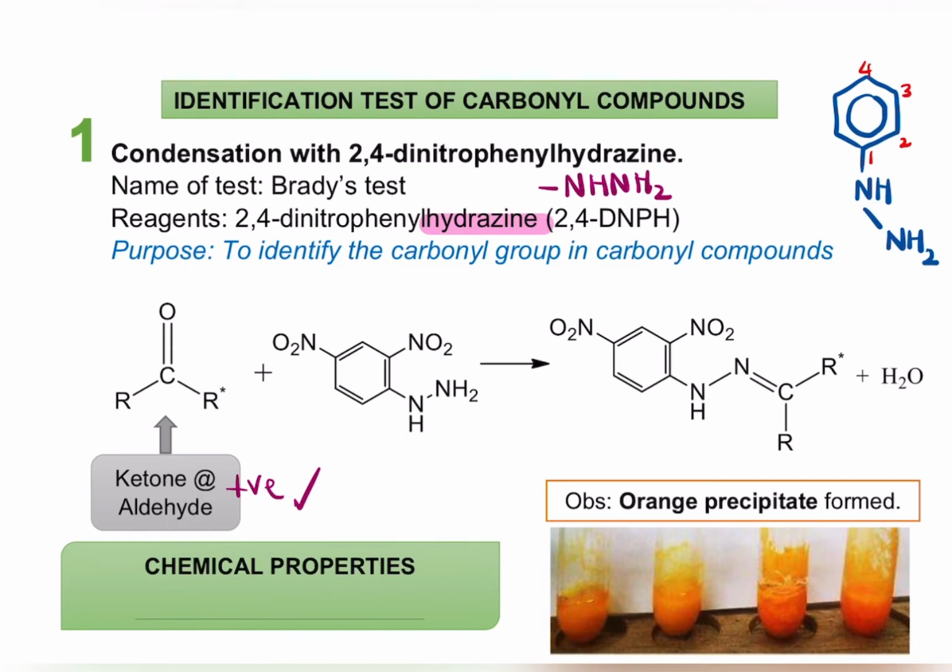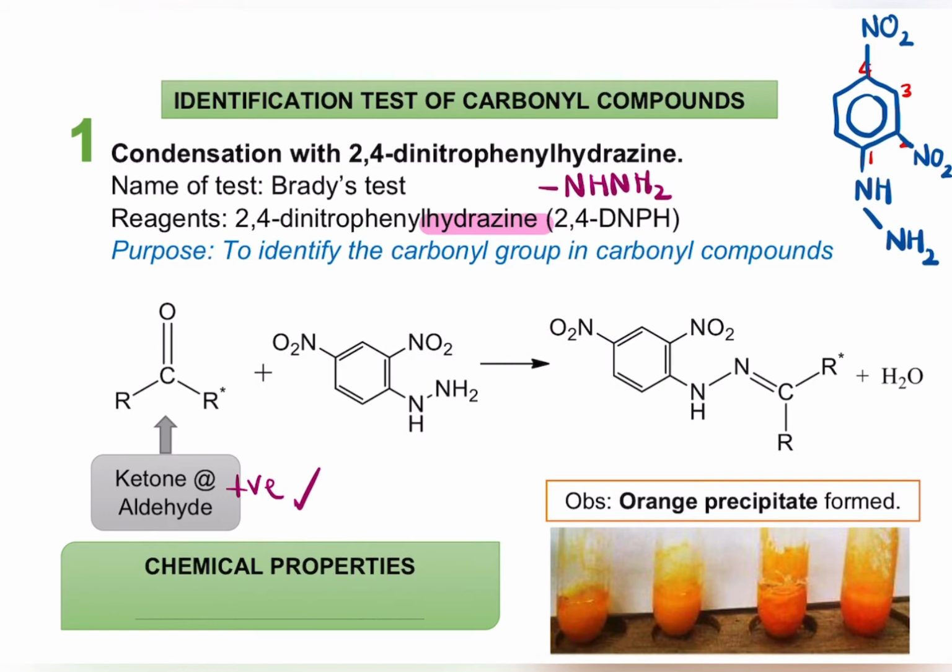So follow your direction. I use anti-clockwise. And after that, at carbon number 2 and 4, I have nitro group. So I'm going to draw the rest of the structure at carbon number 2, NO2, and carbon number 4, NO2. So this is the structure for 2,4-DNPH.